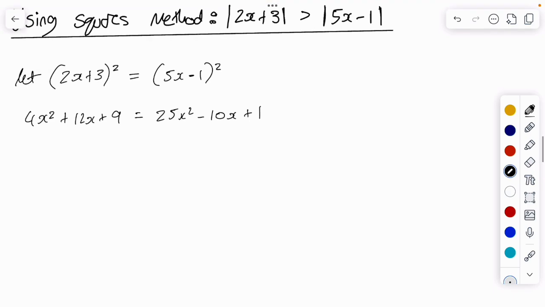Alright, and so what do we get here? We get 12x plus 9 is going to equal 21x squared minus 10x plus 1. And we get 9, 12, 22x plus 1.